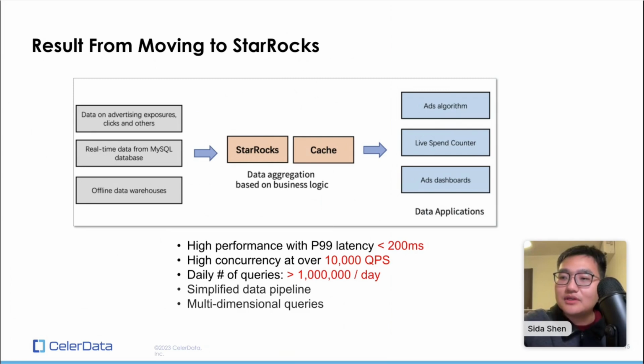How do they manage real-time metadata updates from Iceberg? I think your question is how does StarRocks get the real-time metadata updates from Iceberg, right?